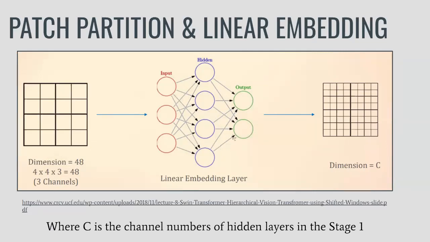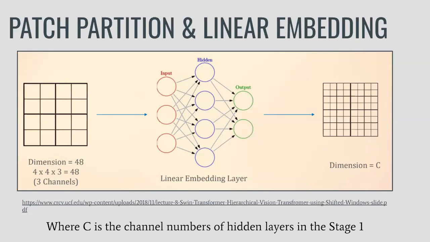To put it in one sentence, a linear embedding layer is applied to project it to an arbitrary dimension C. So this 48 dimensional feature vector is getting converted into an arbitrary dimension C, where C basically determines the capacity, or maybe more easily, the size of a transformer model. And it also somewhat determines the number of hidden units that are present.